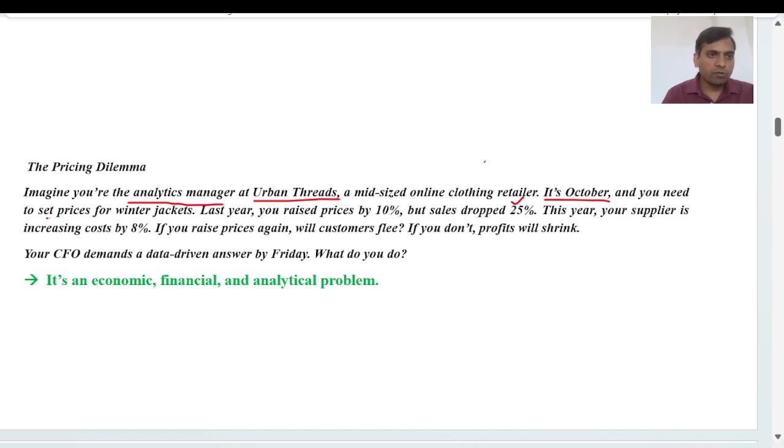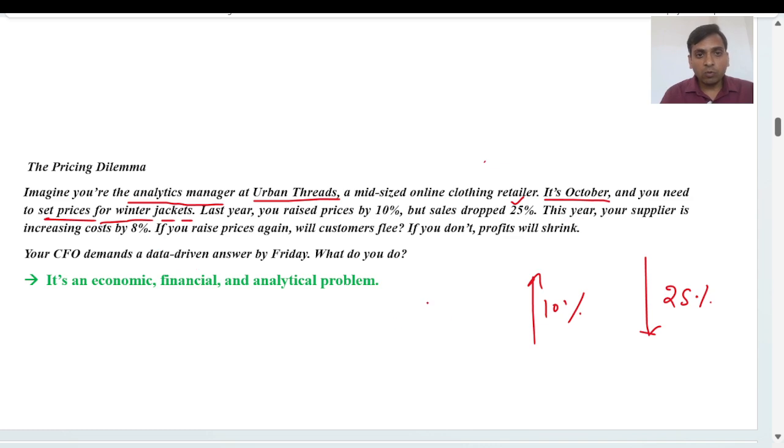Last year you raised the price by 10%, but sales dropped by 25%. So if we increase the price by 10%, there may be a decrease in sales by 25%, right? This year, your supplier is increasing cost by 8%.